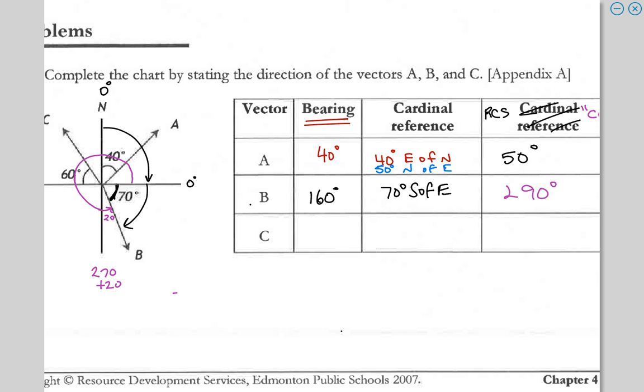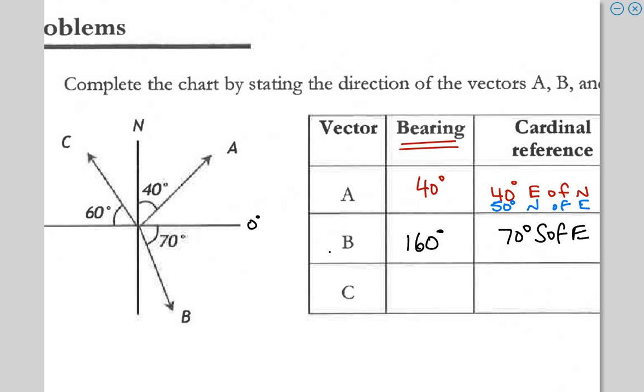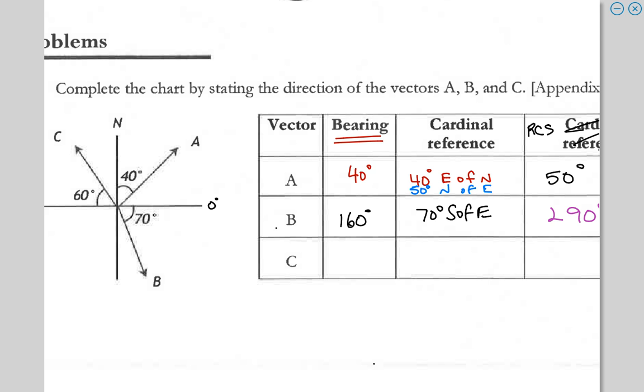Okay, let's find C. Let's erase all this junk. Okay, C. The bearing. We could use what Precious just said, so 360 minus 60 would be 300 for the bearing. For C?